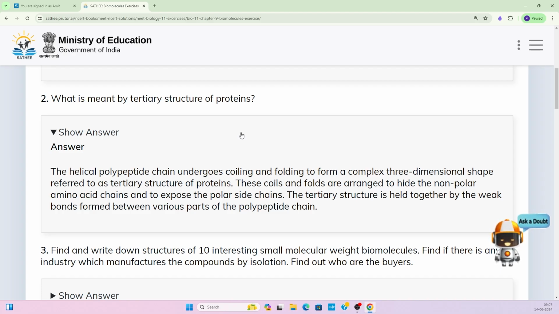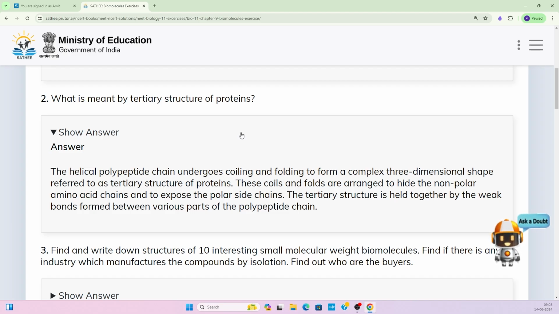So the polar side chains should be exposed and the non-polar ones should be arranged in such a way that they are in the inner folding. Now, the tertiary structure is held together by the weak bonds formed between the various parts of the polypeptide chain. So there are some weak bonds, van der Waals forces. These forces help to form the folding or coiling of the polypeptide, right?